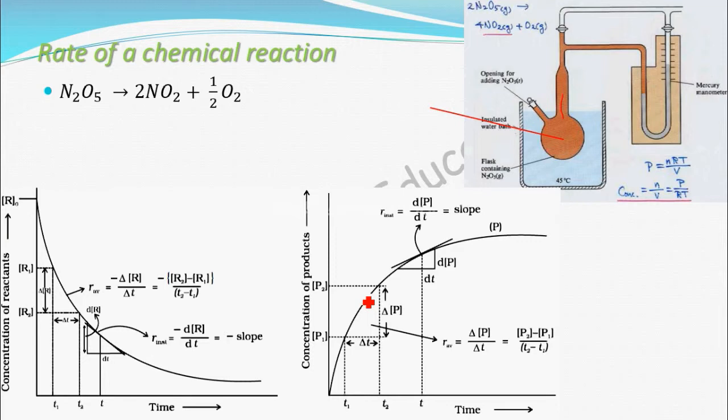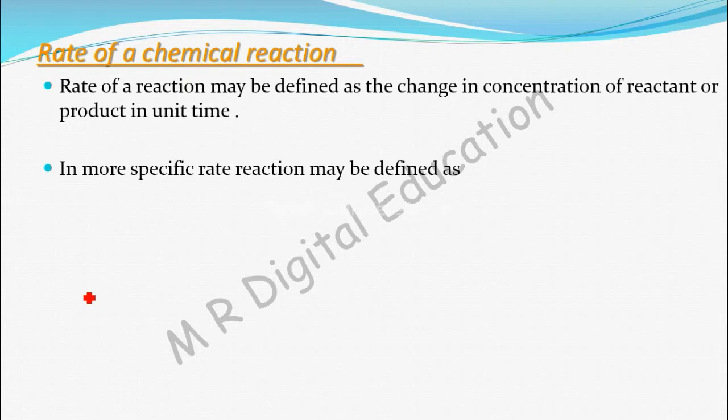In general, combining these two, we can define rate of a chemical reaction as the change in concentration. For reactant, concentration will be decreasing. For product, concentration will be increasing. So see the definition here. We can define rate of reaction as the change in concentration of reactant or product in unit time.